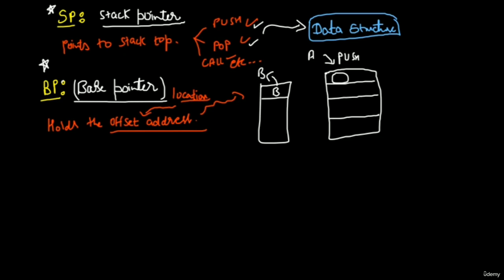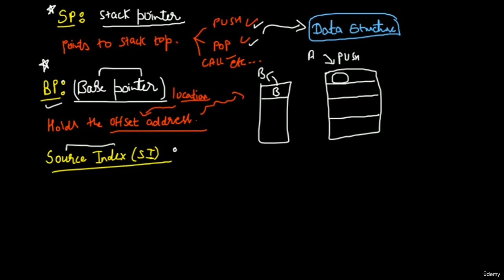The next one is SI, which is source index. Source index. Well, I have written SI. I changed the format of the writing: I wrote BP first and then its full form, and now I am writing the source index first and then its shorter form, abbreviation first.